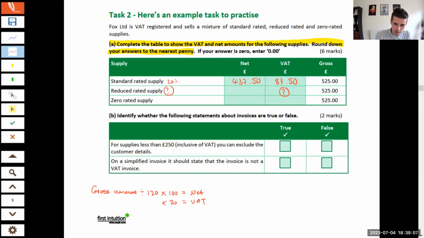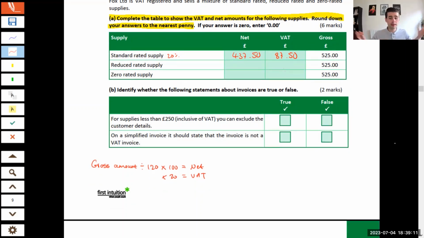So Rachel's one is great. For example, 525. Let's do it Rachel's way. Again, there's different ways of doing it, which is fine. I can't write them all out because it's the laws of mathematics. There's multiple ways to get to the same point. So we can do, for example, as Rachel's done, £525 divided by 1.05, which if we're expressing that as a percentage would be 105.